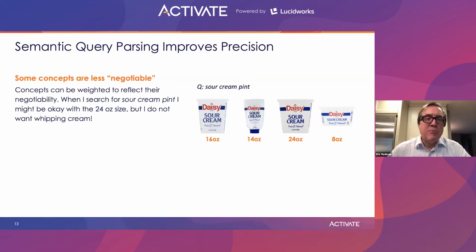So semantic query parsing improves precision because we can relax queries in an intelligent way where the non-negotiable concepts we hold on to those and relax a little bit on the negotiable concepts. And think about this in combination with semantic vector search. Semantic vector search is really good at recall, but a little loose on precision. So you could think of semantic query parsing as adding a dose of precision to the semantic vector search results.